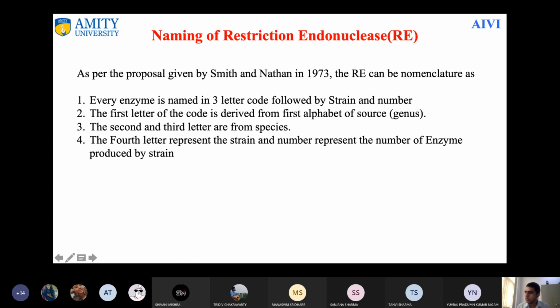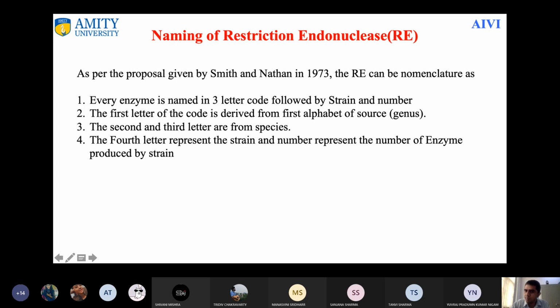So whatever the strain that you are talking about, if you talk about any of the students that we select, for example Adish Mishra, where Adish is the genus name and Mishra is going to be the species name, then the enzyme isolated from Adish is going to be ADMI. So AD from Adish, MI from Mishra.